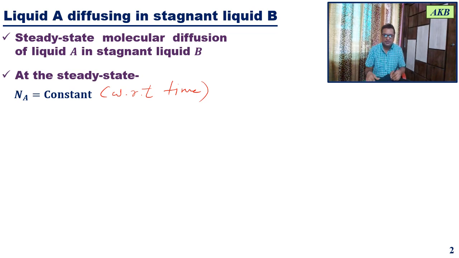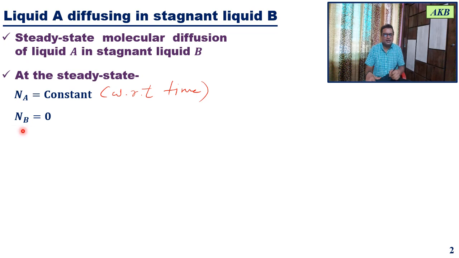So at steady state, the first thing is the molar flux of A is constant. It is not changing with respect to time. The second thing to note is, when liquid A diffuses in stagnant liquid B, that is when liquid B is stagnant, its N-type molar flux is zero.